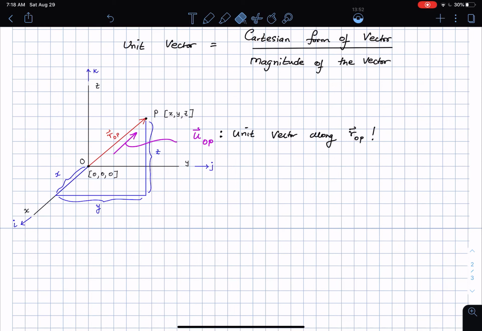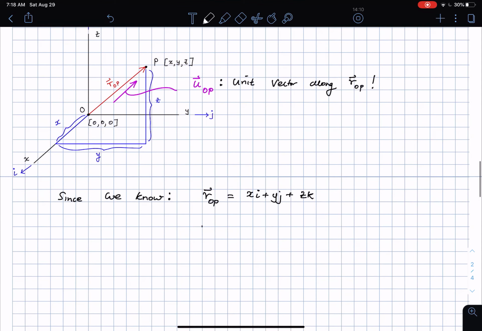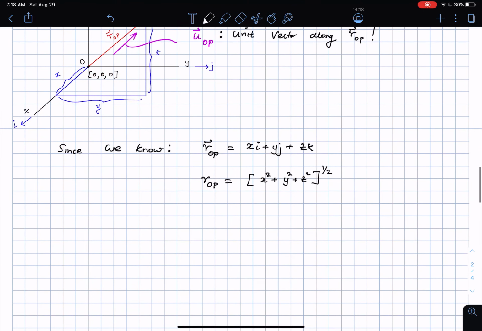And how do I find this unit vector? It's fairly straightforward, right? Because I already know the following. Since ROP is xi, yj, zk, and the magnitude of ROP is x square, y square, z square to the power 1 by 2, then UOP is equal to the Cartesian form of the vector divided by its magnitude.